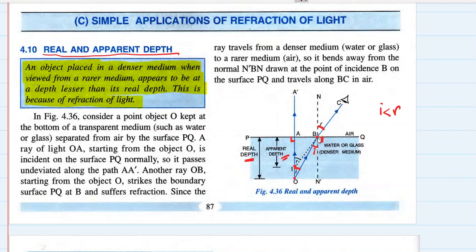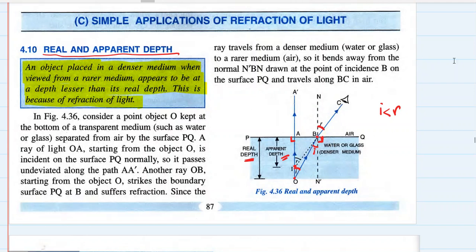IB. Do you see IB? It serves as a transversal. So if this angle NBC is R, the angle of refraction, angle AIB also becomes R. You know why? Because they are corresponding angles, like how we proved angle AOB is equal to angle OBN dash as alternate interior angles. In a similar manner, angle NBC is equal to angle AIB.